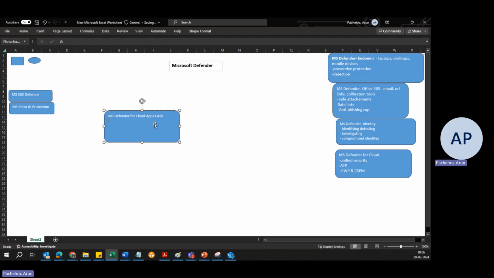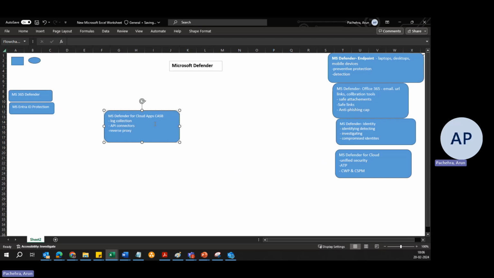So that supports various deployment models, including log collection. You could utilize this for API connectors, and of course, reverse proxy.